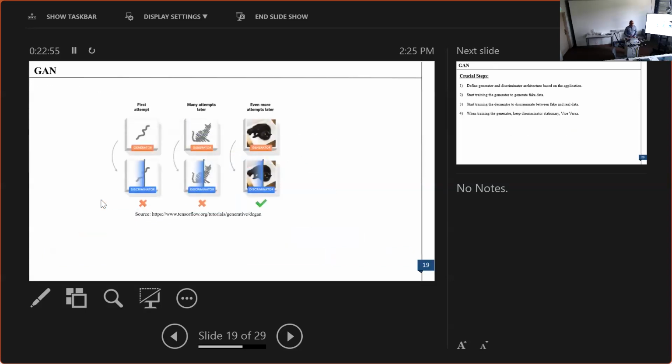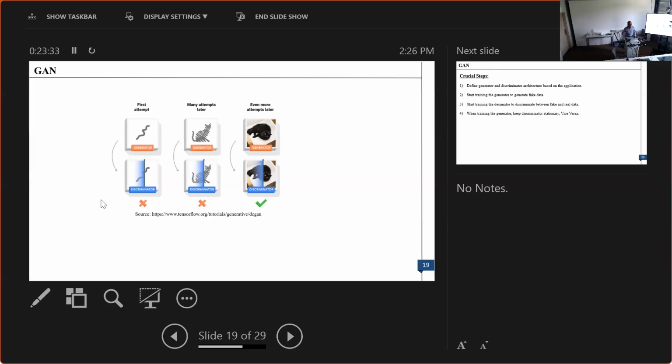Here, for example, if we want to generate a cat image, in the first epochs the generator is trying to convert the noise to a cat image, but in the first epochs the generator shouldn't be able to do that. So the discriminator should be able to say, okay, this is not a cat. After several epochs, the generator should be more able to generate at least a skeleton or layout for a cat, but still the discriminator can say, no, it's not a cat.